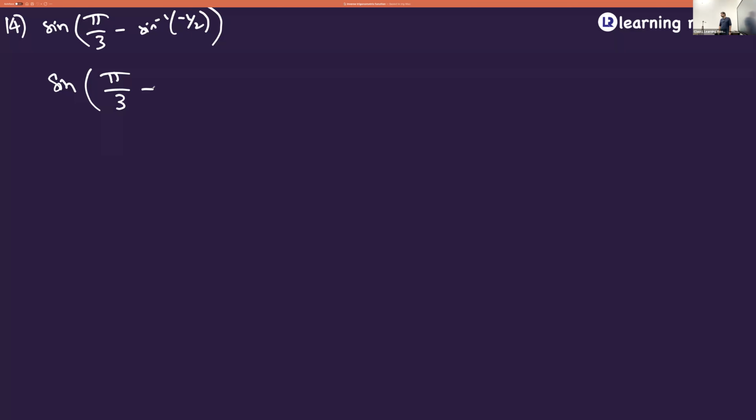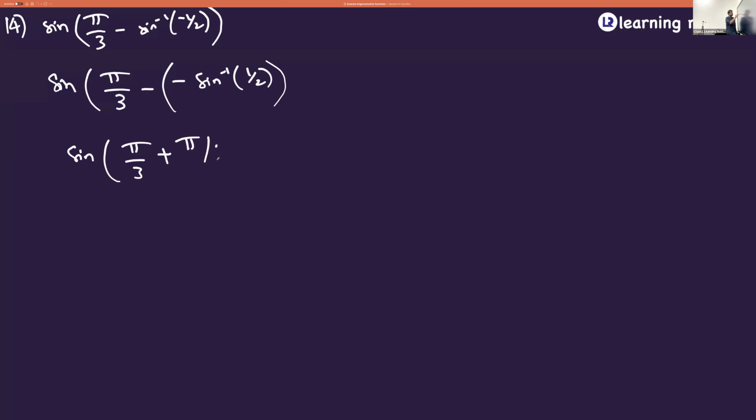Pi by 3 minus sine inverse of minus half, that is minus sine inverse of half. So sine of pi by 3 plus sine inverse half is, pi by 3 is 60, pi by 6 is 30. So it will be sine pi by 2. Answer will be 1. So option D.